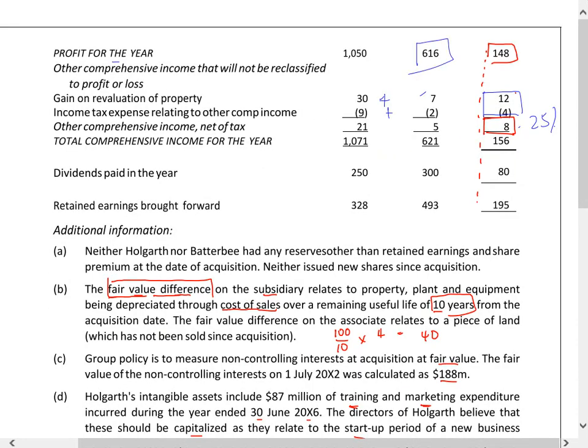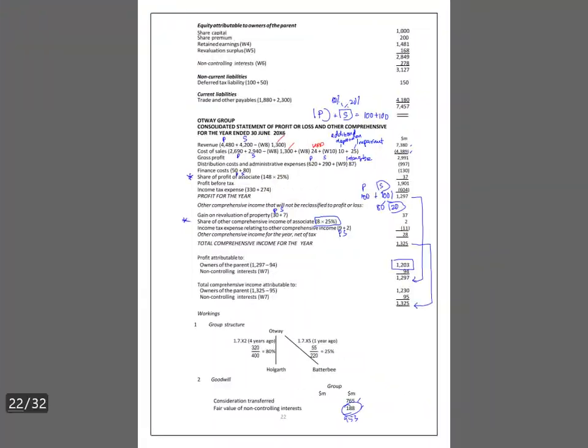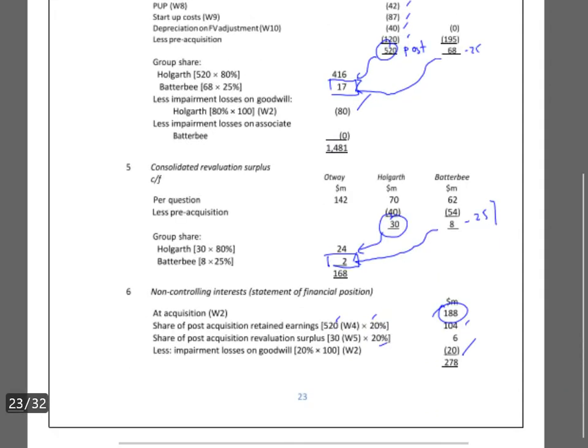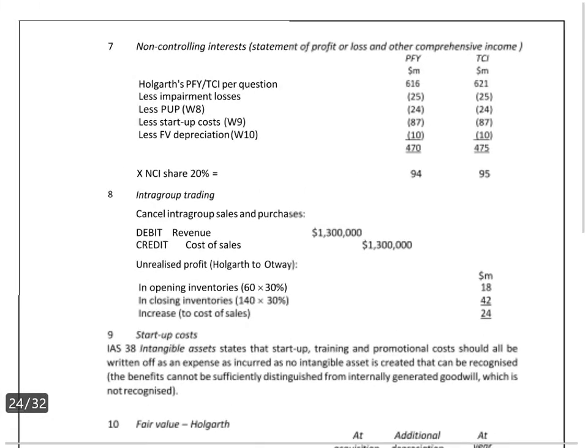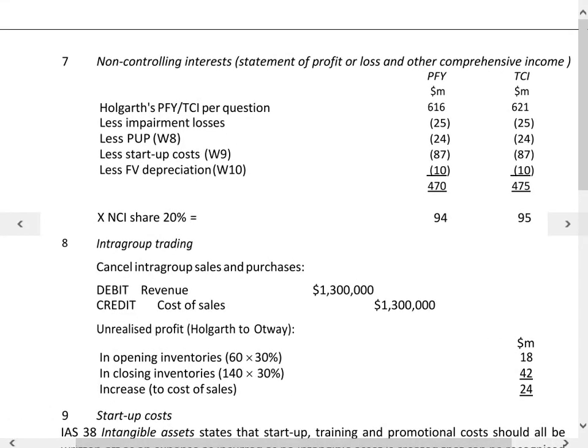Is it 616? We consolidate parent and subsidiary, but for the subsidiary we have to split between 80 and 20. With all the adjustments, we split 80 and 20, so actually 20% belongs to NCI. Got it?